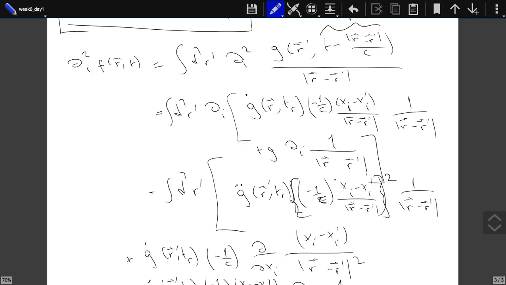So when I take the square, this term and this term cancel each other. Now here I have minus 1 over c. If I take the square, it just becomes 1 over c squared. Well, 1 over c squared is nothing but mu epsilon.